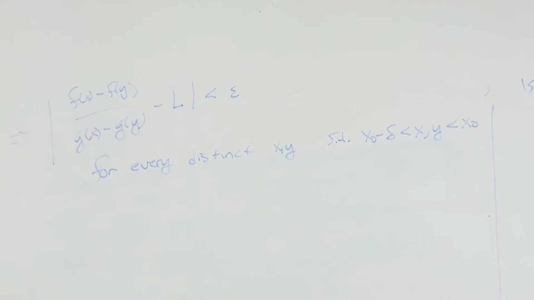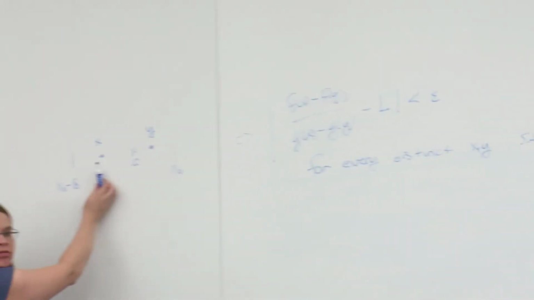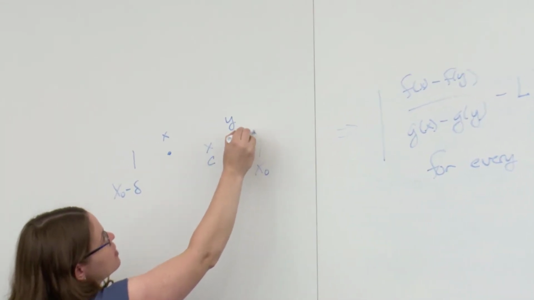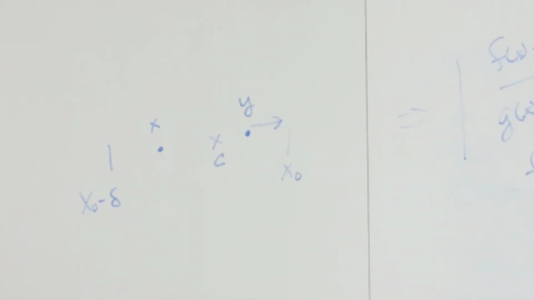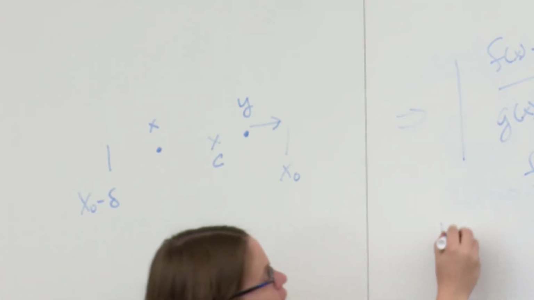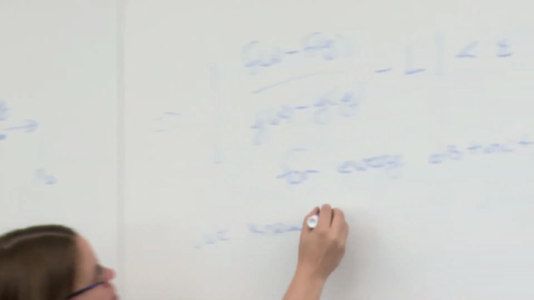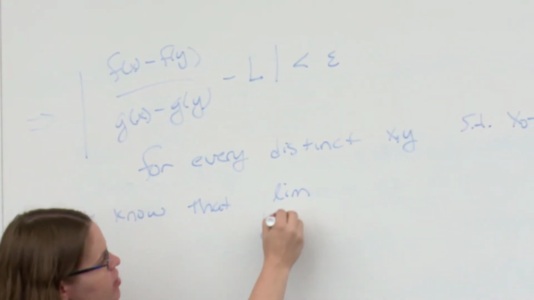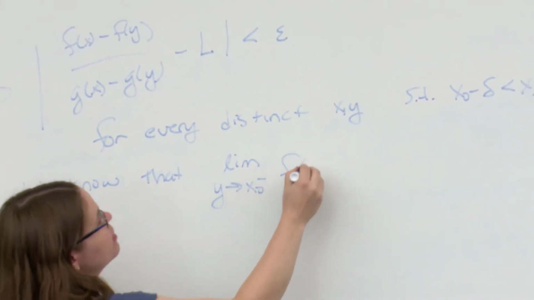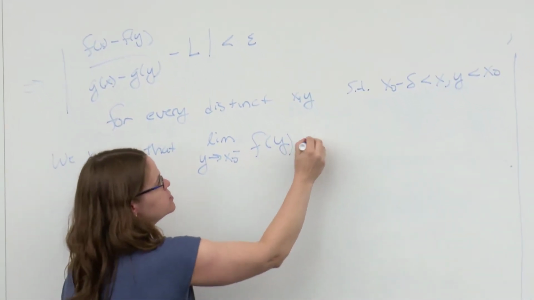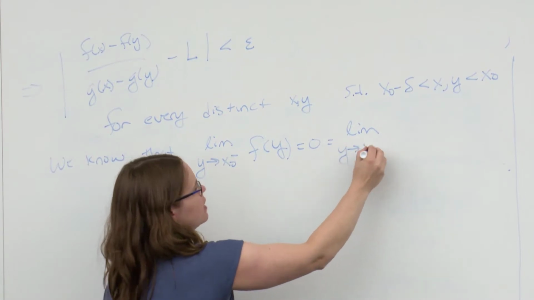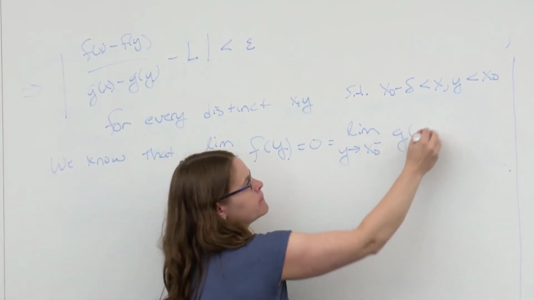So what I'm going to do is this. I'm going to keep x fixed, wherever it is, and I'm going to start taking y closer and closer to x naught. So we know that the limit as y goes to x naught from the left of f of y is equal to 0, which also happens to be the limit of g of y.